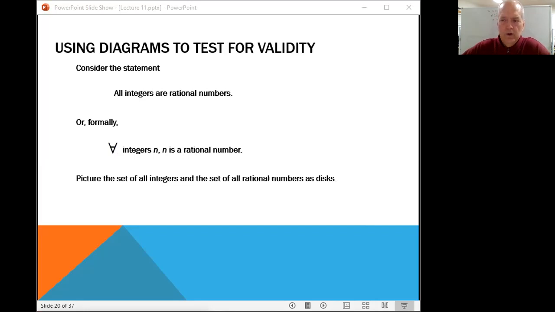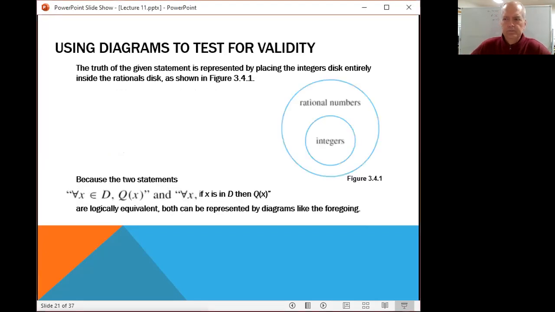If we want to draw disks representing integers and rational numbers, we would get something that looks like this. The outer circle is rational numbers. All integers are rational numbers, so we have an inner circle of integers.